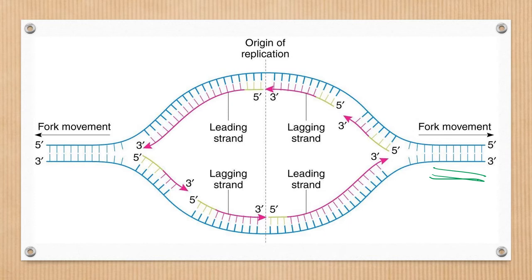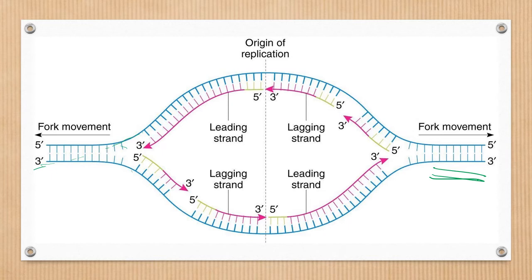See, this is a 3 to 5 strand, and 5 to 3 is mentioned here. Actually, it is like this, and this is like this. That's why it is 5 to 3.